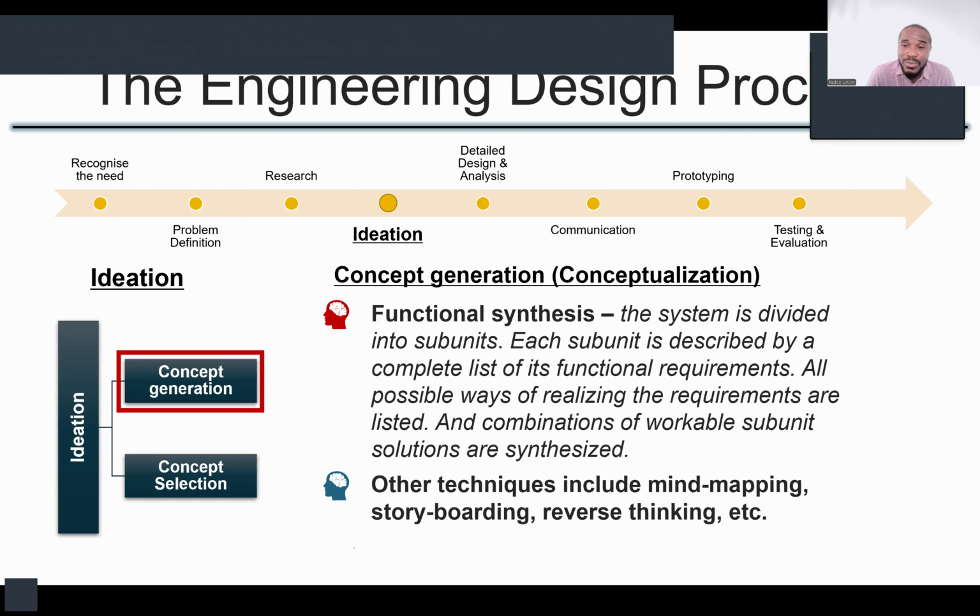6 hats is a very beautiful methodology where each of the hats has a color. Okay, there's black, there's white, there's red, there's green, and each of them has scenarios. You take a position. The white is a neutral position, right? Let me take a neutral position to this concept.